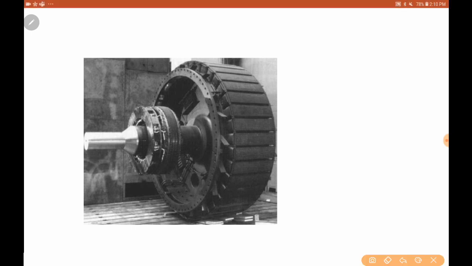We have the main rotor, just the main electromagnet. This whole thing is the rotor. This part highlighted here is the stator, this is the field winding of the main generator, and this is the exciter.